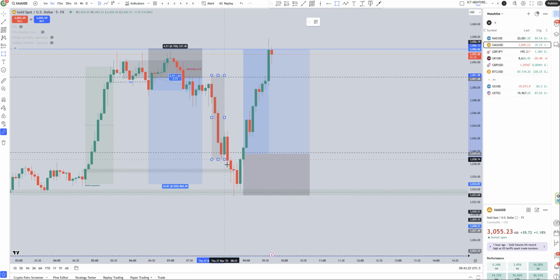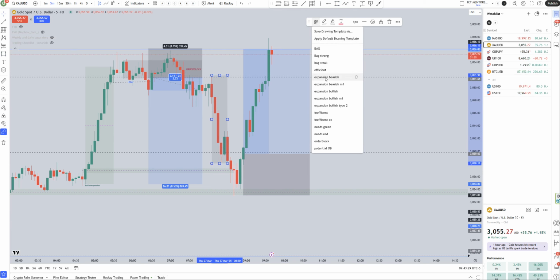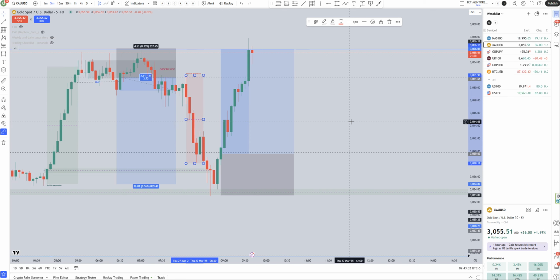So bearish expansion. OB, CST, we already confirmed the 2-bar here.